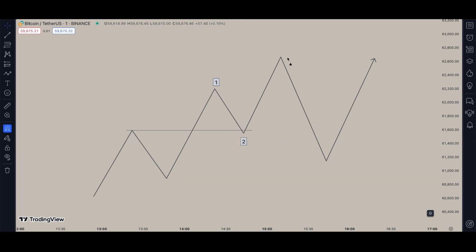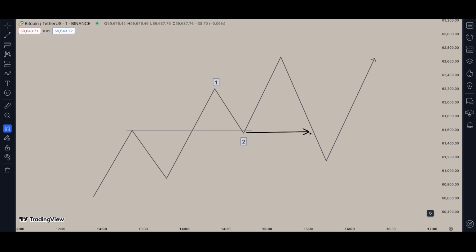The next step is #3, which is gonna be the next high that price creates above #1 over here. So price goes up, keeps going up and starts retracing back. And we wait for the price to take out #2. So now we're looking at #2 over here and we're waiting for price to go below this level.